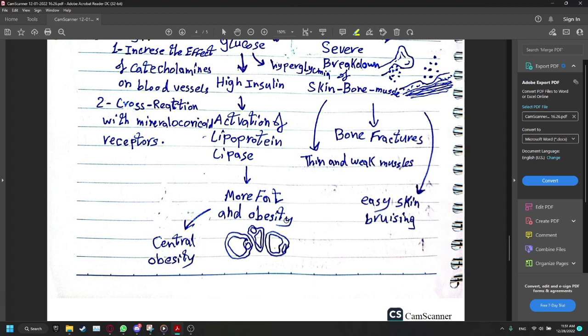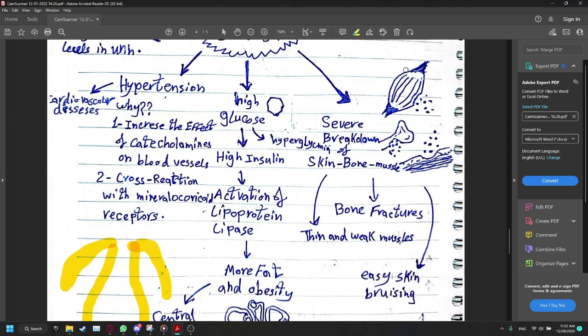So why central obesity? Well, it's mainly because the fat is mainly stored in the central part of the abdomen. The important part is that someone would have a fat torso but very thin arms, because, as we said, it breaks down the muscles.